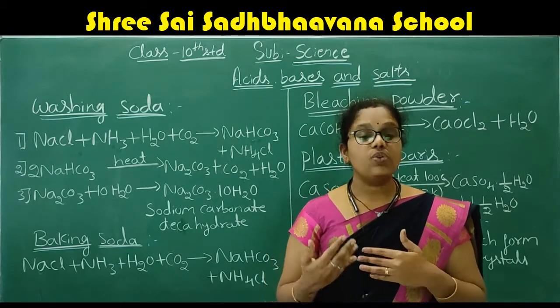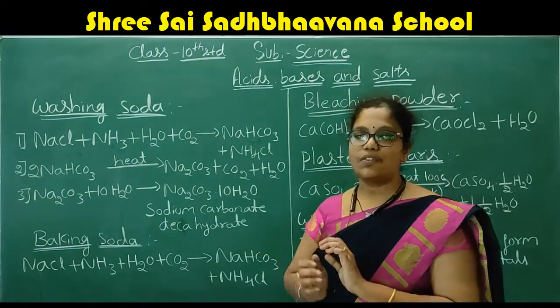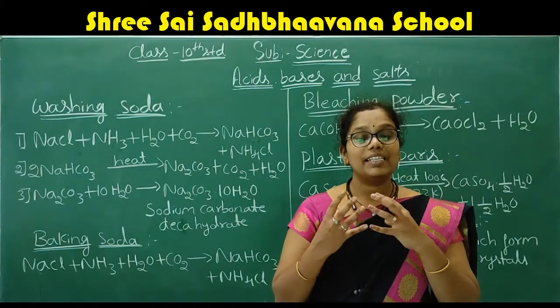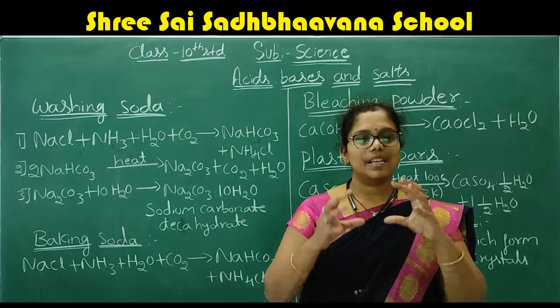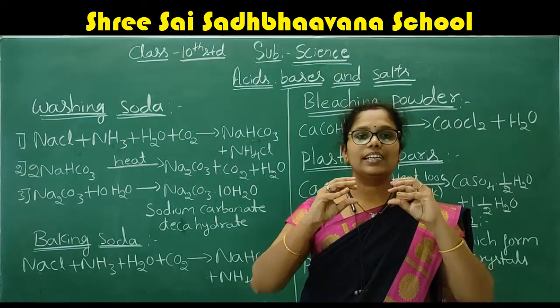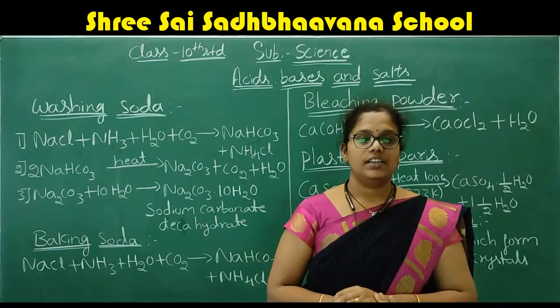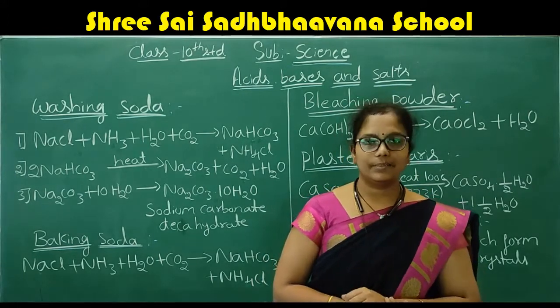If you add the baking soda in the manufacture of the cake, it liberates some carbon dioxide gas. That gas is present in the cake, that's why you get the spongy nature of the cake.